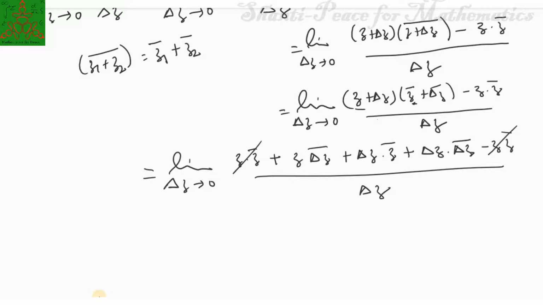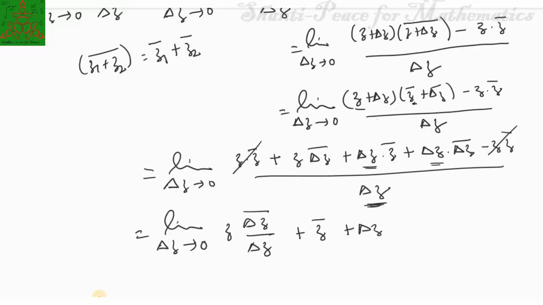So you will be left with the quantity, and if you divide by delta z, the first one is z into delta z bar upon delta z plus z bar, since delta z is divided by delta z. Here also delta z is divided by delta z, so we will have delta z bar. So this is the quantity you will have here.